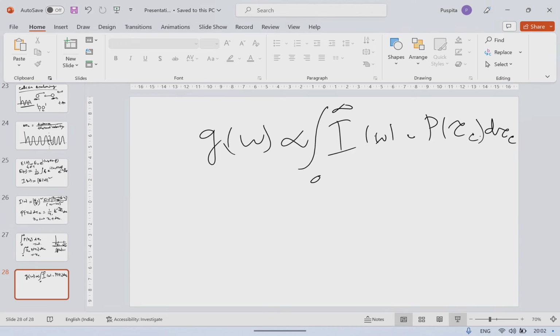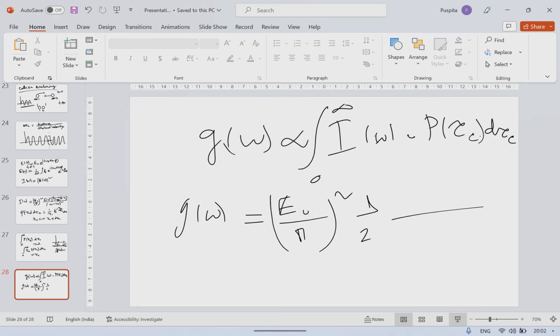So after doing this, g(ω) will be (E0 by pi) whole square, half of 1 over (ω minus ω0) whole square plus (1 by τ0) whole square.